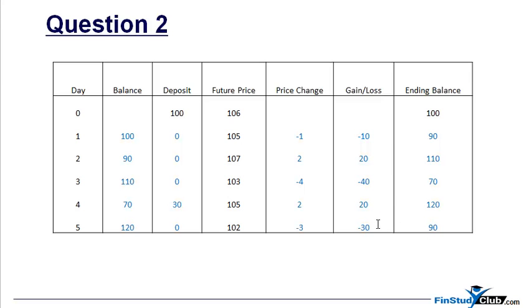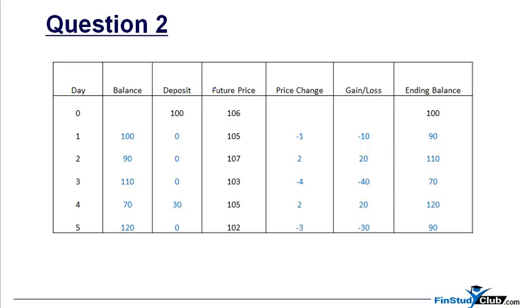Now what is the cumulative loss or gain by day 5? One can easily aggregate this. So -10 plus 20 is 10, minus 30, minus 10, minus 40. So net there's a loss of $40, which can very well be explained by looking at the price at which the person went long.